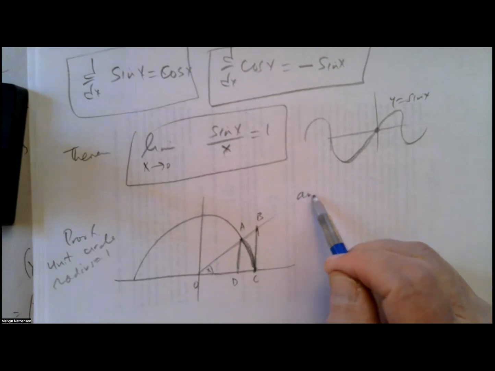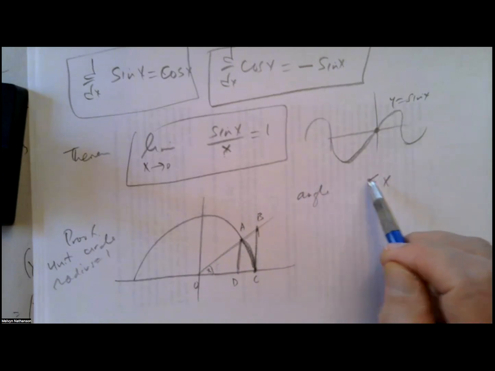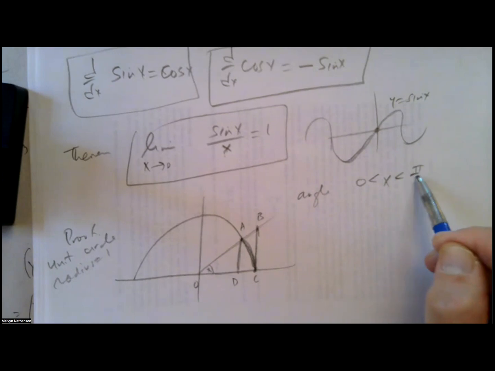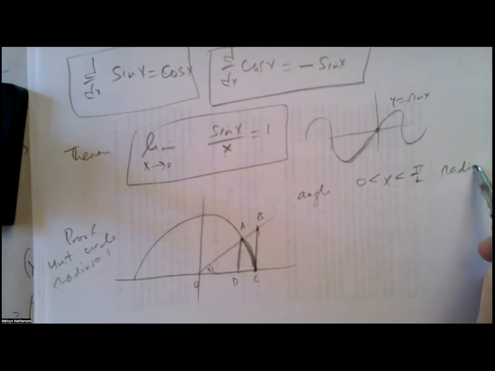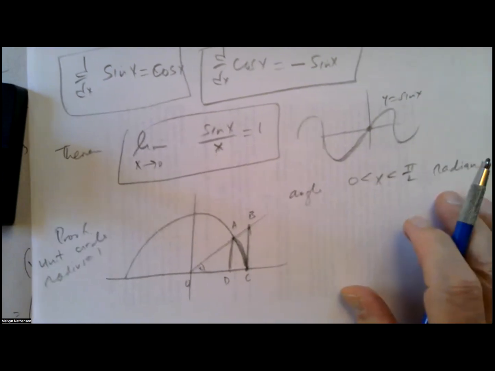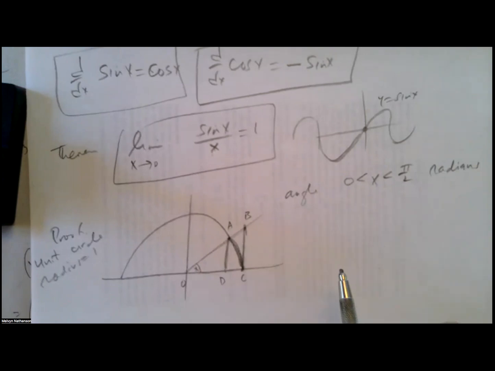So we have an angle x between 0 and pi over 2. And again, in calculus, we only measure angles in radians, right? So the radian measure of the angle x is exactly the length of the arc of the unit circle that the angle x cuts out.